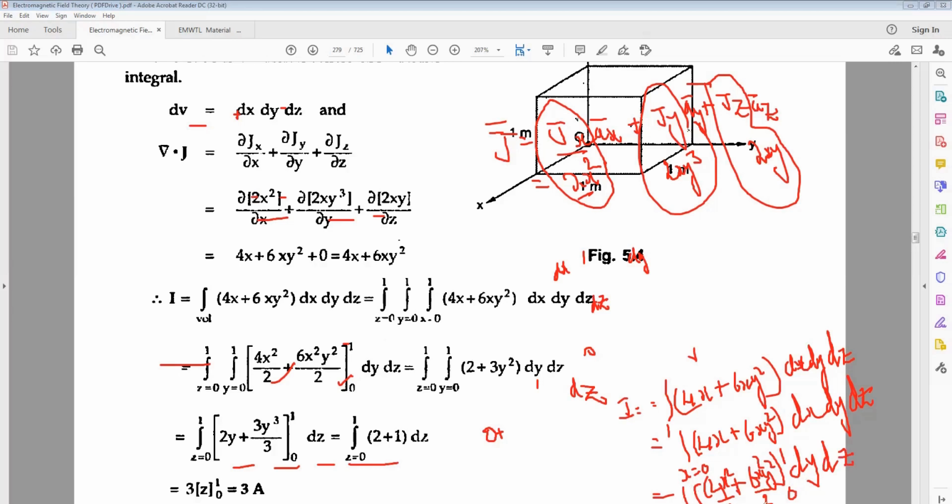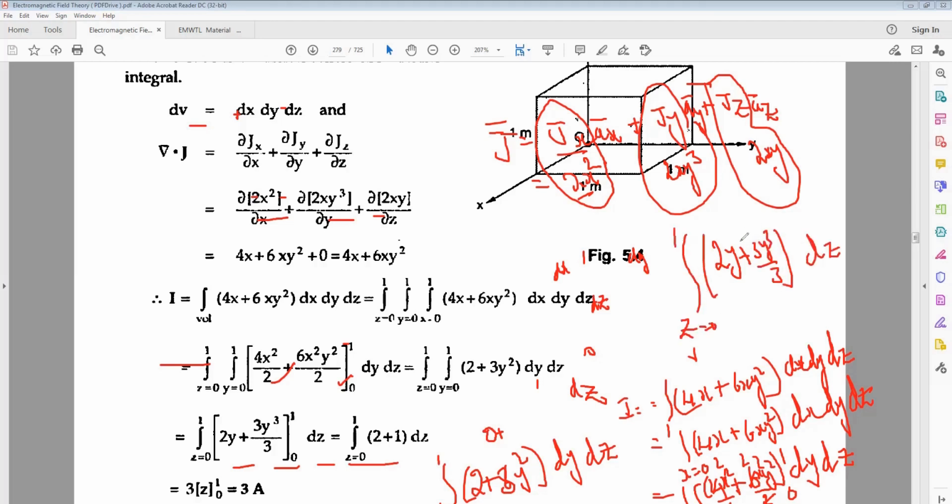After substituting 1 here, we get 2 plus 3y², since 6 by 2 is 3. Again integrating, y is equal to 0 to 1, we get 2y plus y³, which equals 3.